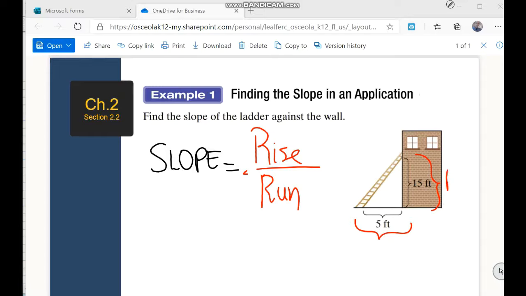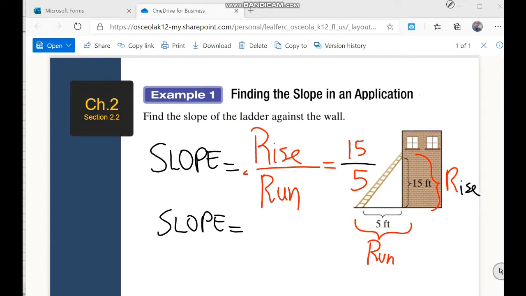So this is rise, this is run. We substitute the numbers. Rise is 15, run is 5. So slope equals 15 divided by 5, which is 3. Pretty easy, right? Remember, rise over run, you solve most of the slope problems. Any slope, you're going to apply this idea of rise over run.